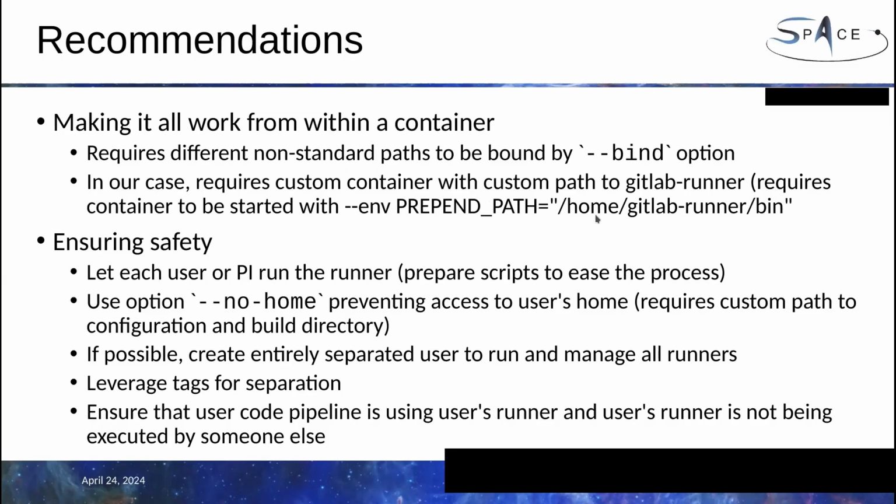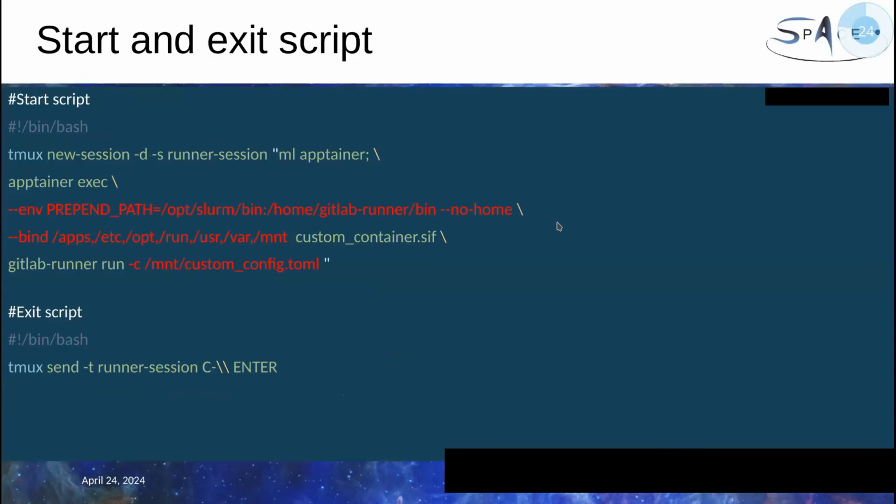We also, if we want a no-home option for additional safety, need to use the prepend path, and so these sorts of hacks. So it was quite tricky to put everything in place, but once I have it in this convenient script, there is really no problem running these runners.